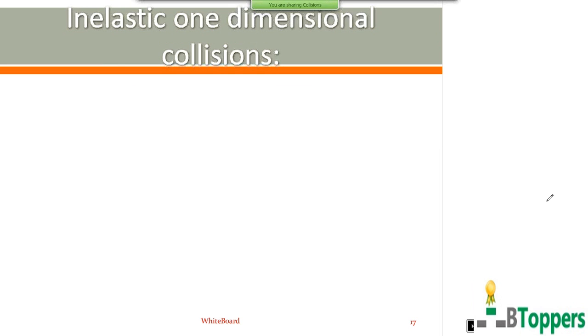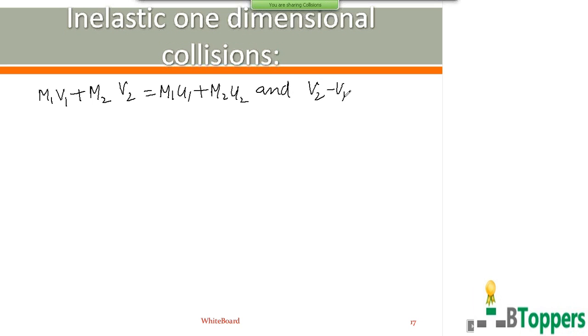So any problem in one-dimensional collision can be solved basically by using these two equations: m1 v1 plus m2 v2 equal to m1 u1 plus m2 u2, and v2 minus v1 equal to e times (u1 minus u2).